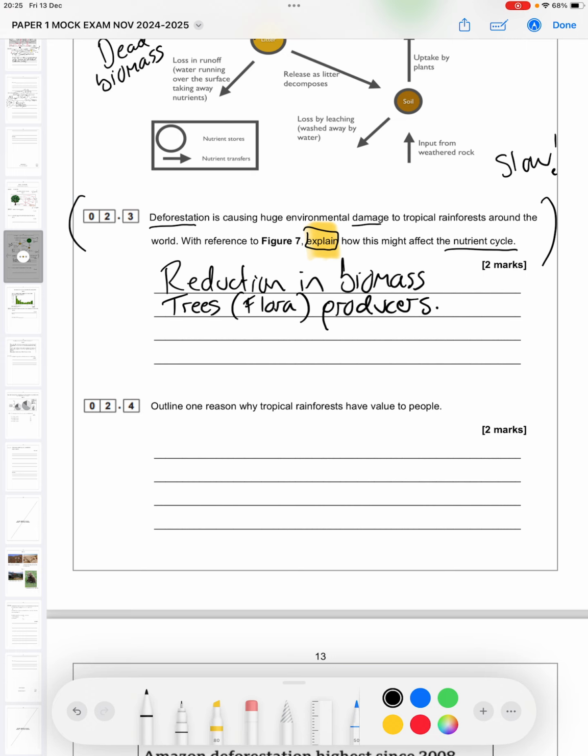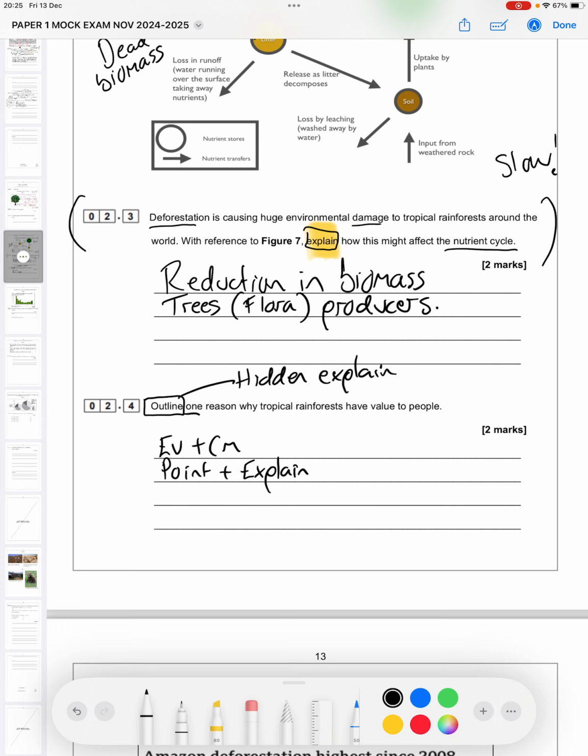Outline one reason why tropical rainforests have value to people. Outline is your command word. When you see outline, it's basically a hidden explain. Explain why tropical rainforests have value to people. For my students, one reason, so this is evidence comment, or you might know this as point explain.